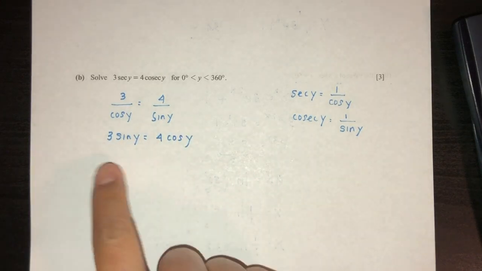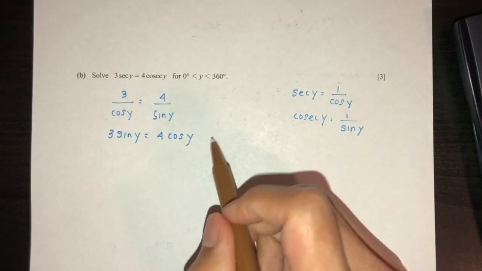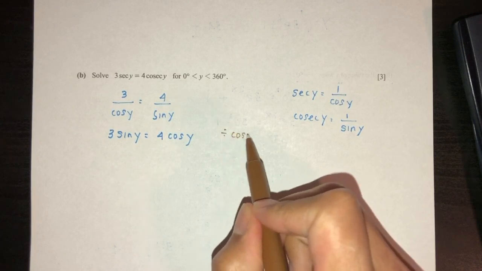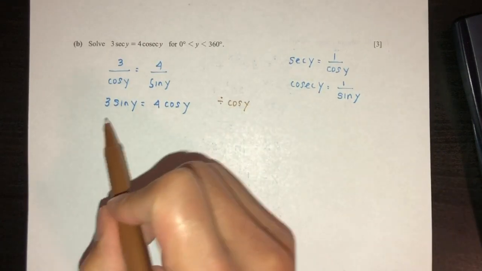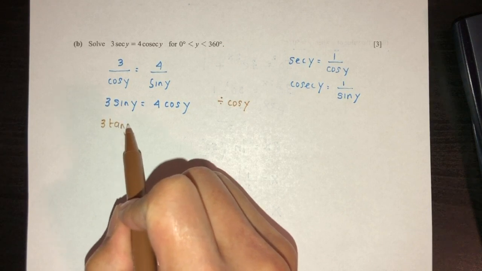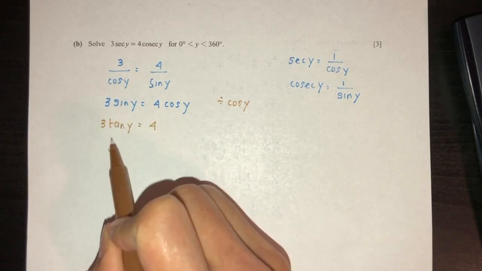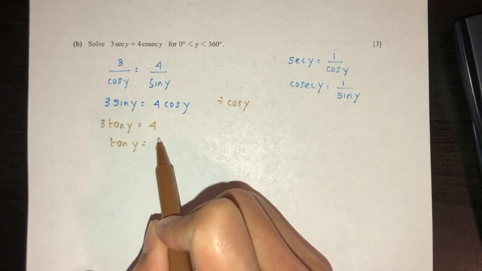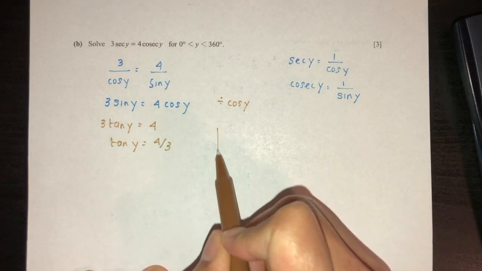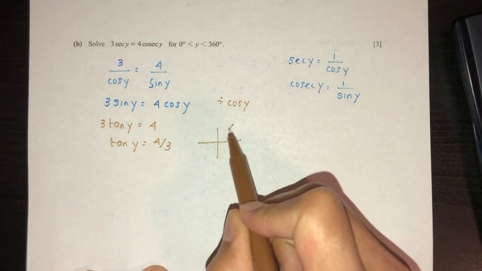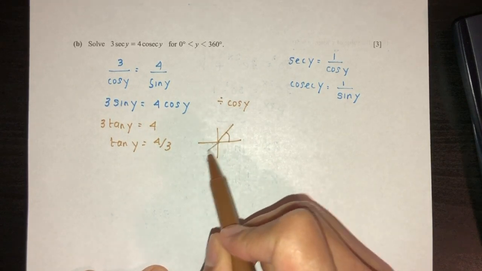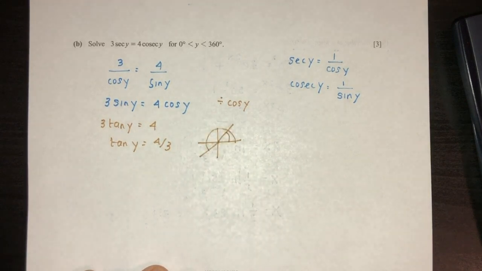Now whenever you have sin and cos in one equation, you just divide everything by cos y, and you will see you have 3 tan y is equal to 4. So tan y will be 4 divided by 3, and since tan is positive, it will be in your first quadrant and in your third quadrant for your values of y.